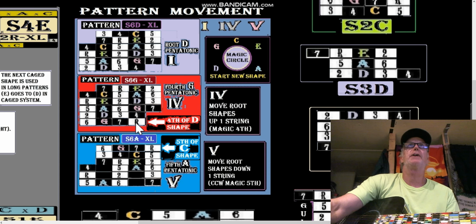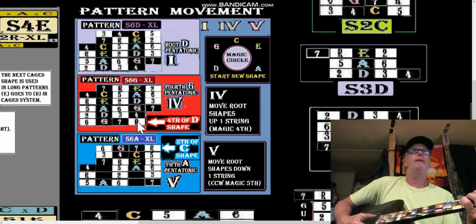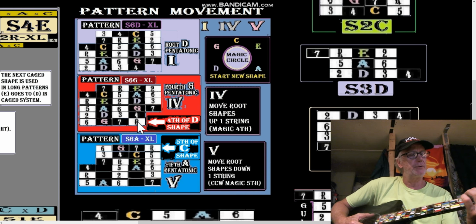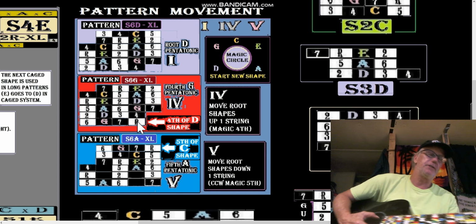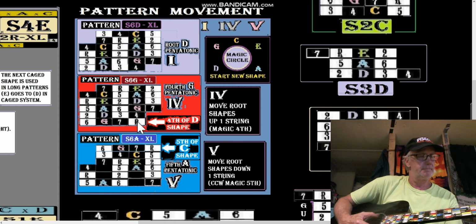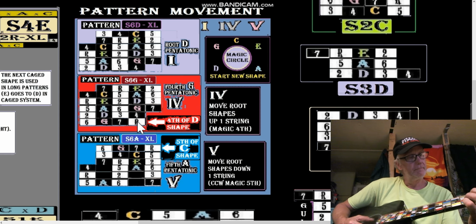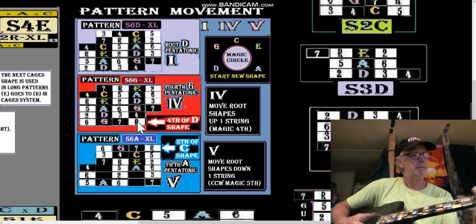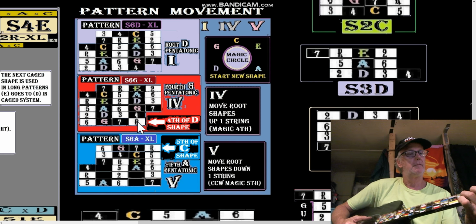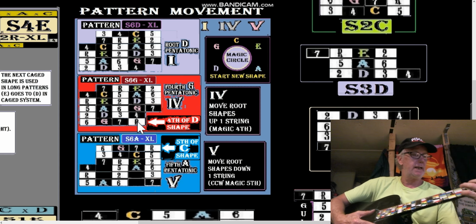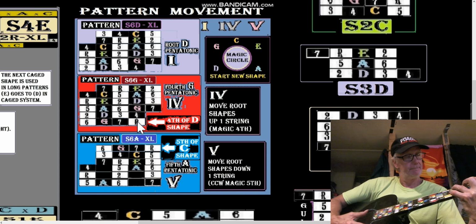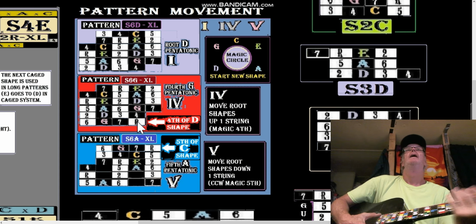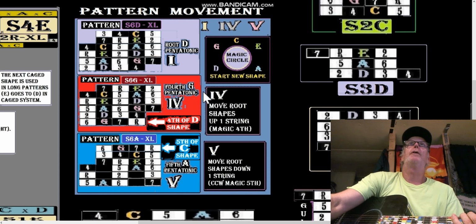I just had to check the pentatonic on that. Well, that was shape fitting. So we had 2, 3, and now the G extends down. And that would be like a G shape 4th.